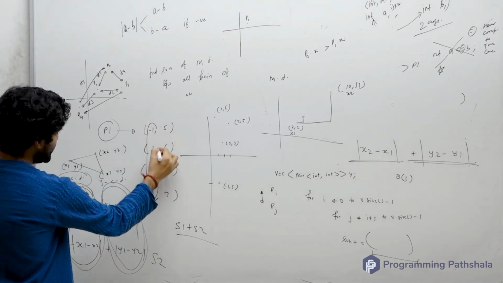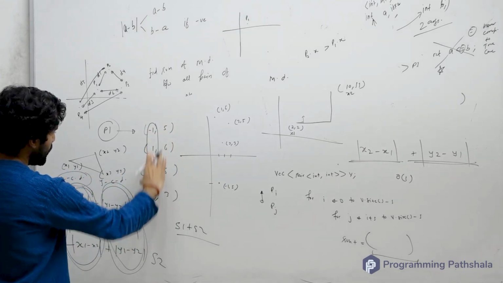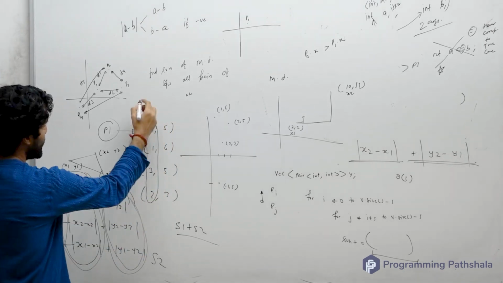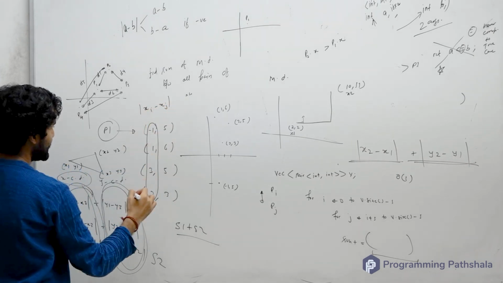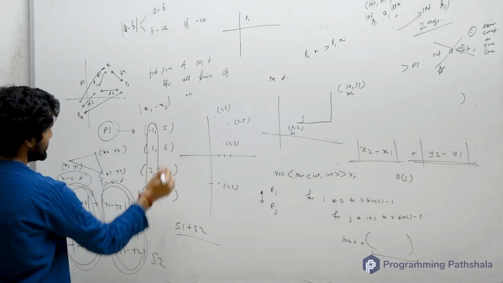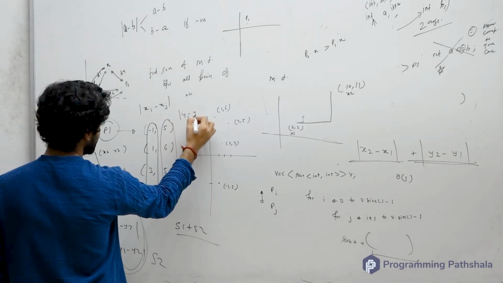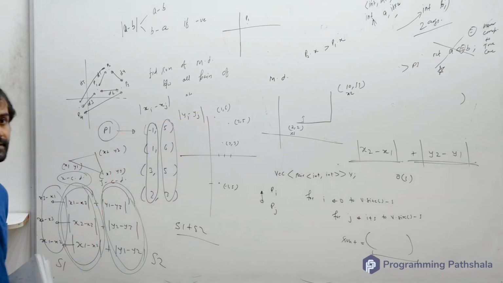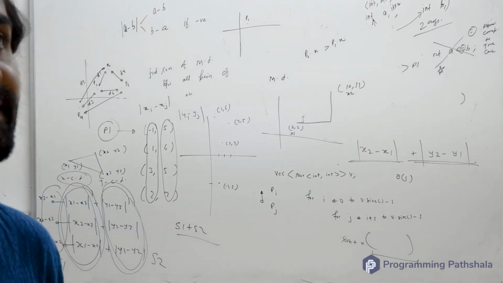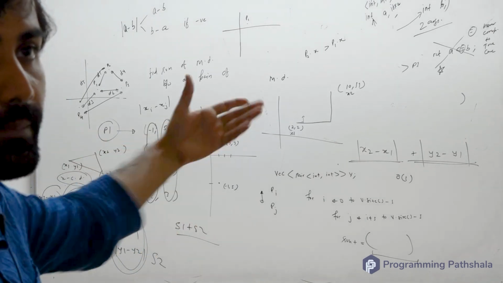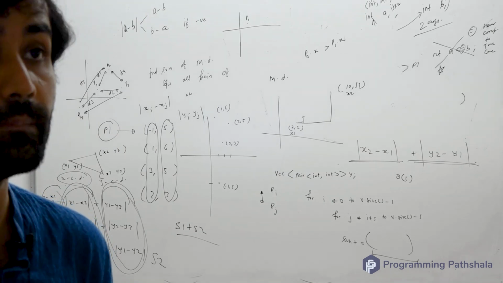For these points you wish to compute mod of xi minus xj for all the pairs, and for the y coordinates you want to calculate mod of yi minus yj for all the pairs. Can you think of an optimal way? One way is to consider all the pairs, but it will be back to that normal approach. So what can be an optimal way of doing this?